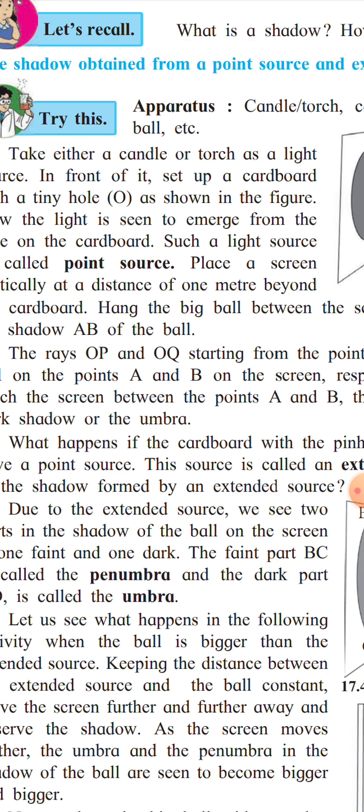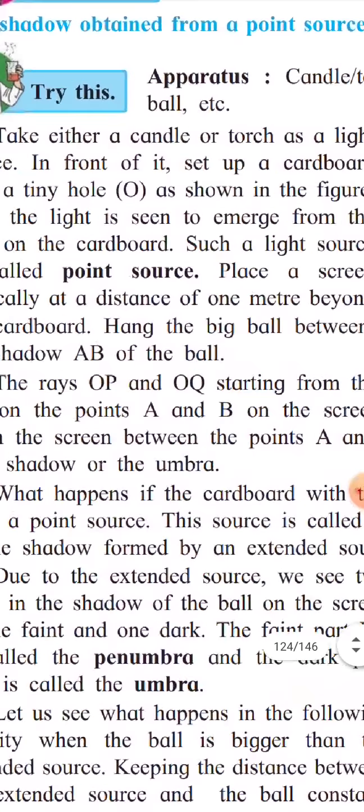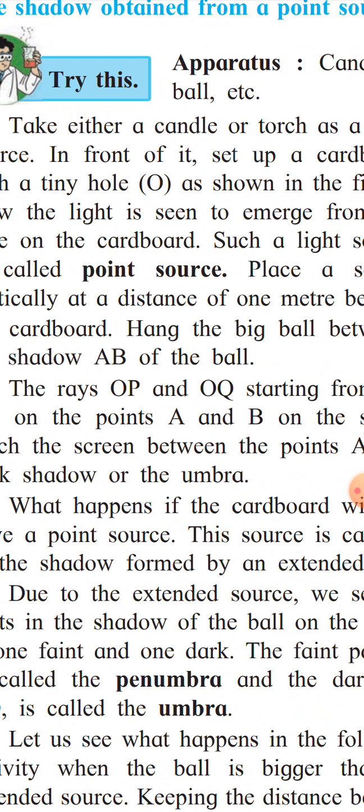Before that, what had we learned? We had learned about the point source. When a source of light is very small in size, for example light emerging from the hole, it is called a point source.